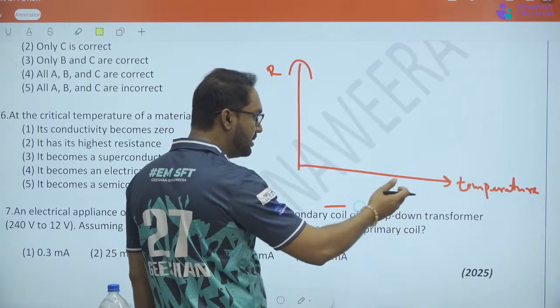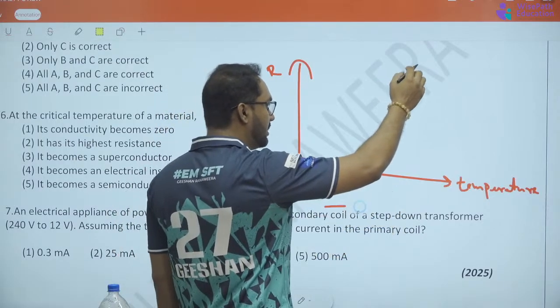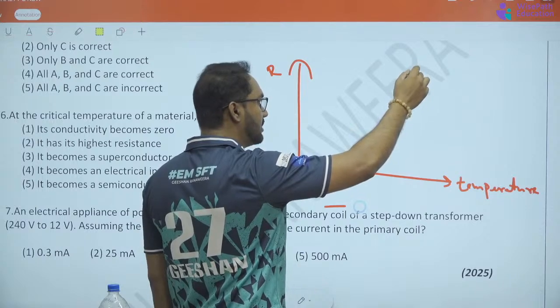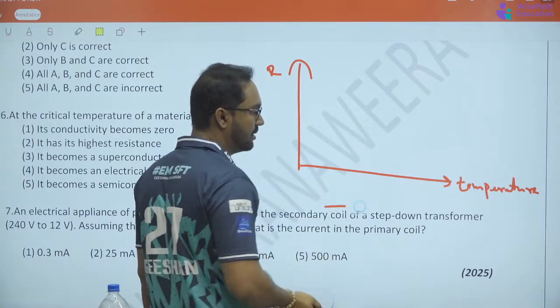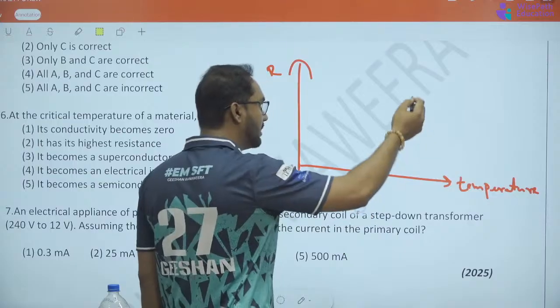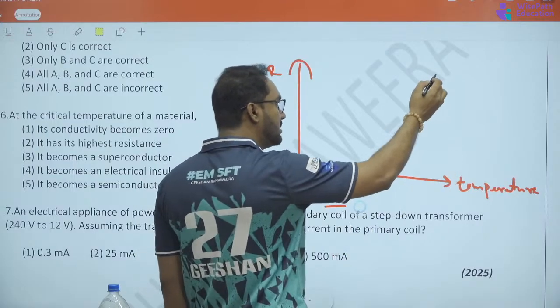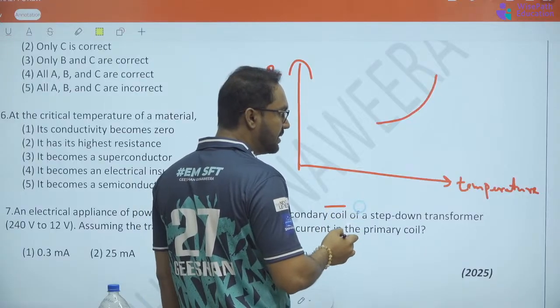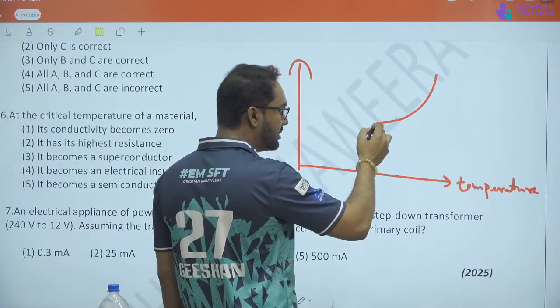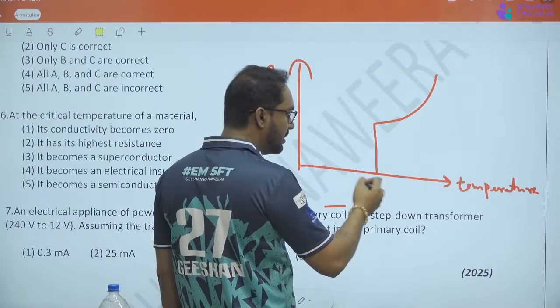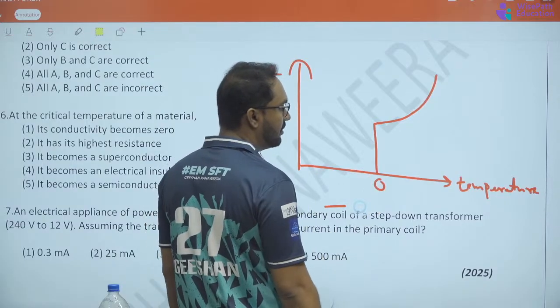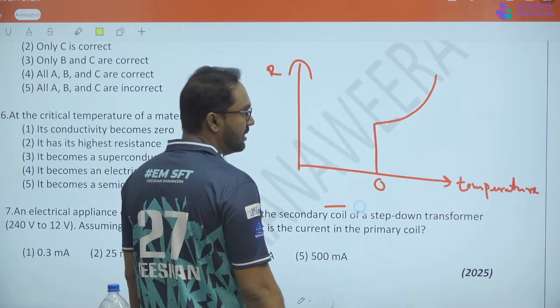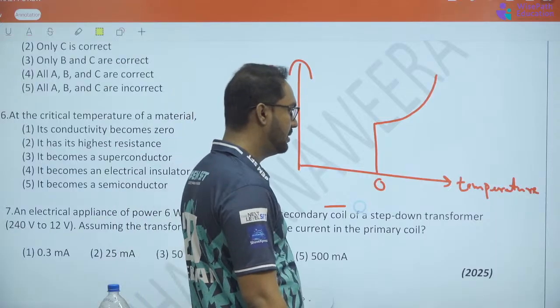When you are reducing the temperature, the resistance of the conductor will be reducing. Remember that. Likewise, all of a sudden, at a certain temperature, your resistance will become 0, right?